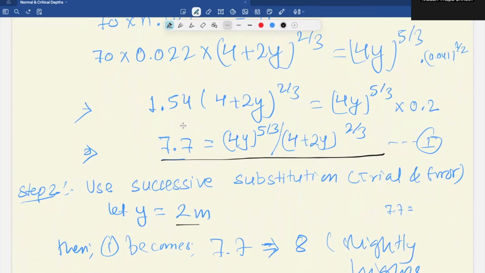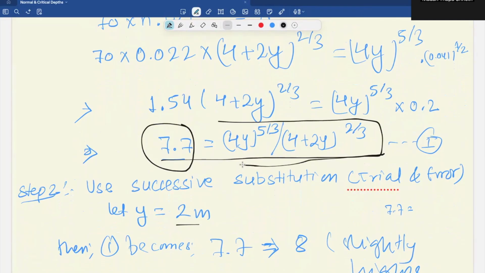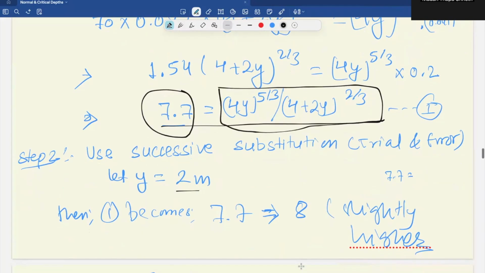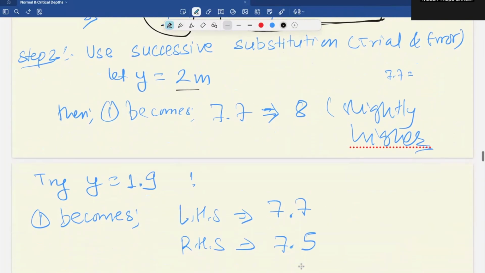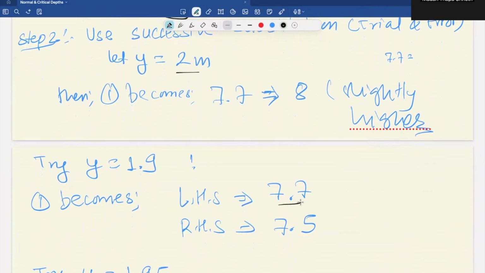Since we know this will be our LHS, and this equation will be our RHS. When we use y equal to 2 meter here, it gives us 8, which is slightly higher. Again, we can try using y equal to 1.9. That gives us LHS equal to 7.7 and RHS equal to 7.5, which is less. Again, let us try slightly bigger than 1.9 and lower than 2 meters.